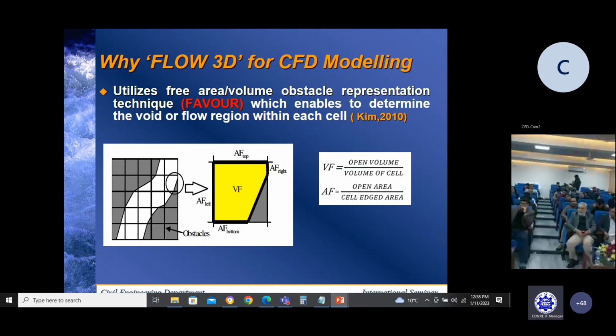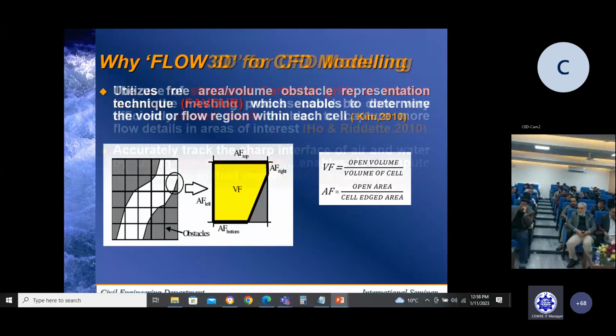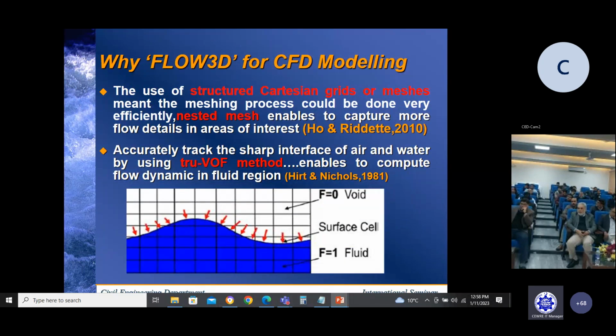Why do they use it? Because of some features. One is the FAVOR technique, which enables us to determine the voids or the flow region within each cell. Another feature is that it uses the structured or Cartesian mesh, with which we can easily do the meshing. The other feature is the nested mesh.